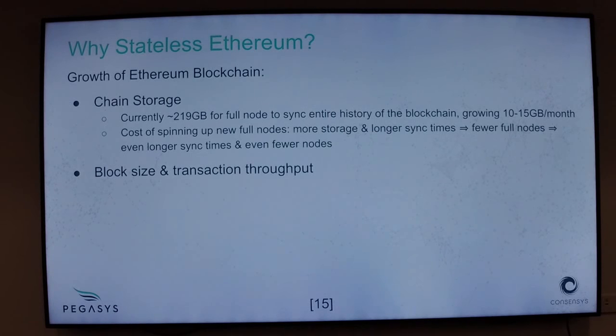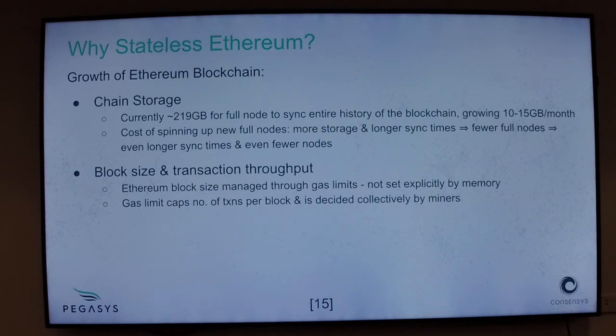The other thing is block size and transaction throughput. In Ethereum, it's not set explicitly by memory as in Bitcoin. It's really managed by the gas limit as to the Ethereum block size. The gas limit caps the number of transactions per block, and that is decided collectively by the miners.